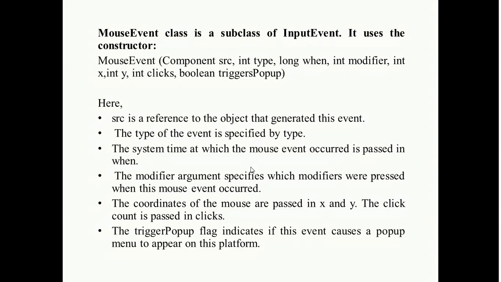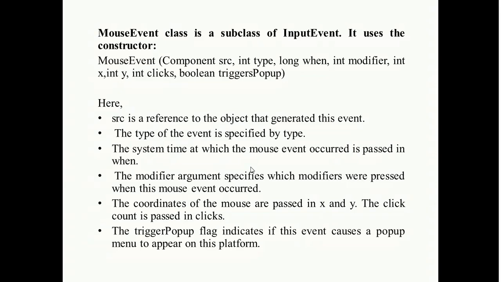The Component source is nothing but the reference to the object that generated the event. Second parameter is int type; the type of the event is specified by the type.